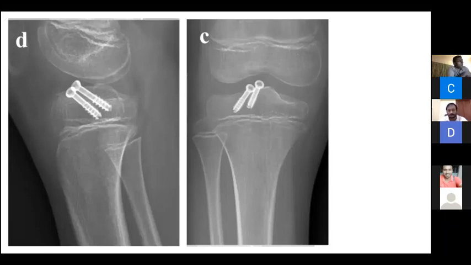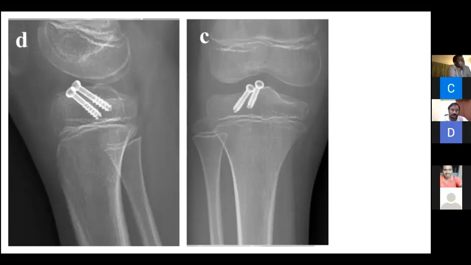I want you to comment on this. Do you think the fixation is okay here? Has he violated any basic principles at all? No, so he has gone through the physis.